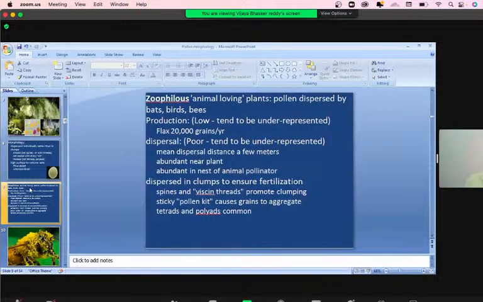If you have any doubts, you can raise them, no problem in between. Animal loving plants always produce a lesser amount of pollen grains, because here the vector is directly involved, coming to the flower, taking the pollen and directly going to the stigmas of the same species. They go and pollinate the same species.